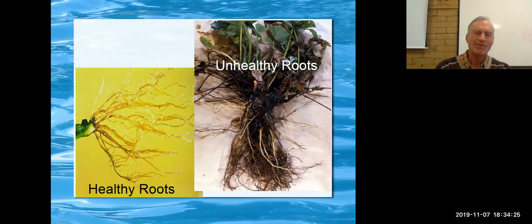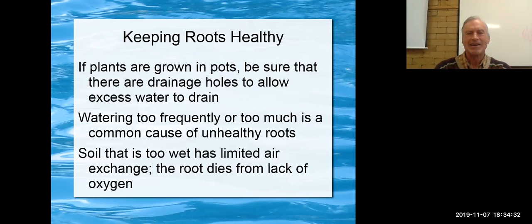There's an example of healthy and unhealthy roots. If plants are grown in pots, be sure that there are drainage holes to allow excess water to drain. Watering too frequently or too much is a common cause of unhealthy roots.